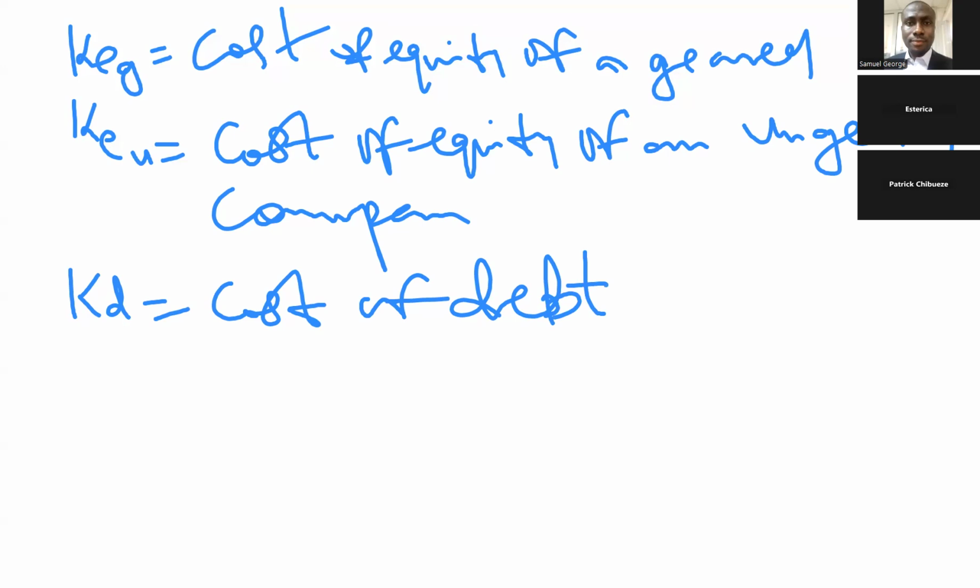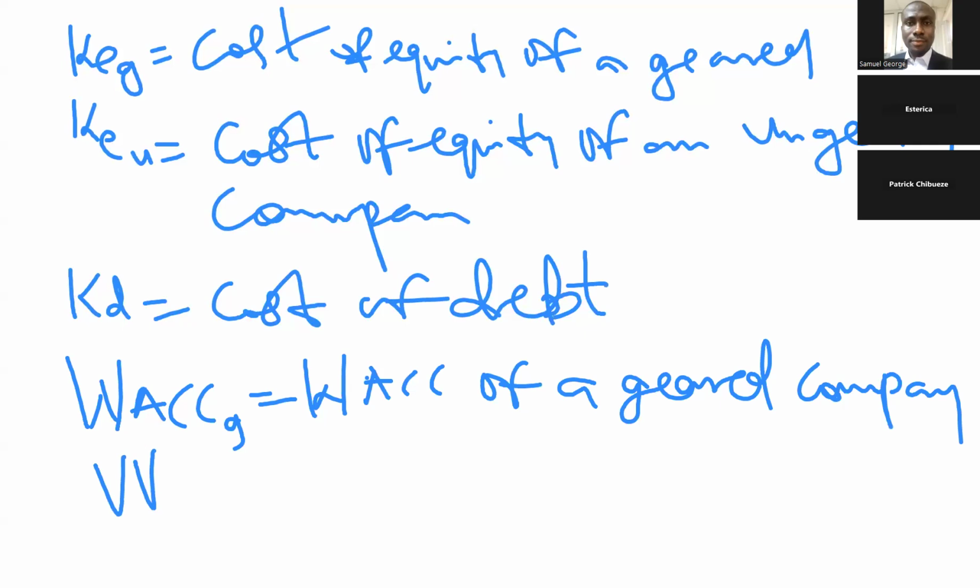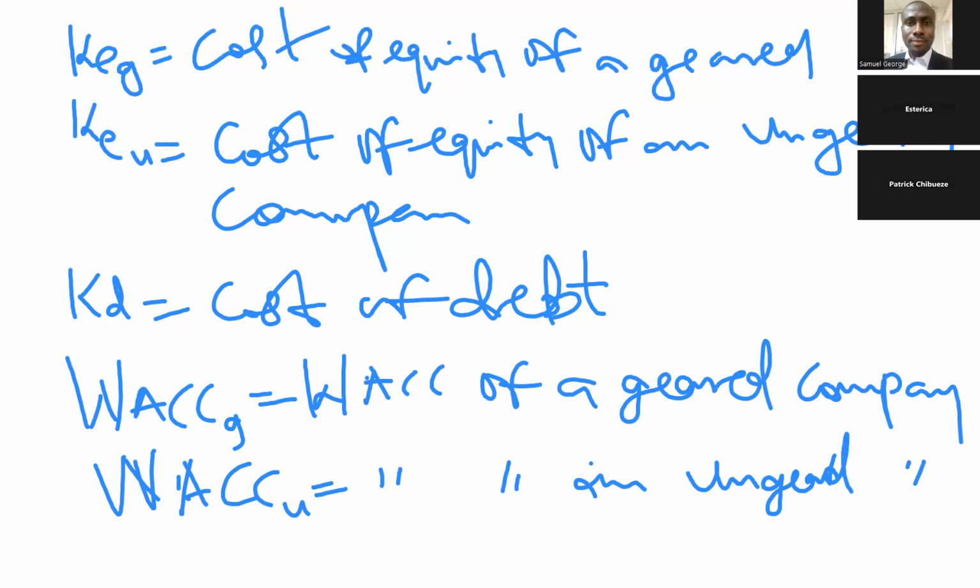VE is market value of equity. Then another one that we are not familiar with is WACG. This is the WACC, weighted average cost of capital, of a geared company. WACU is the WACC of an ungeared company.